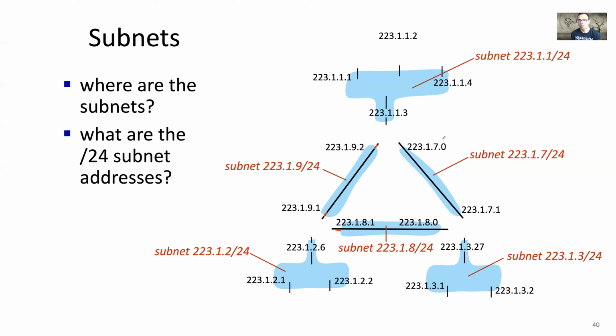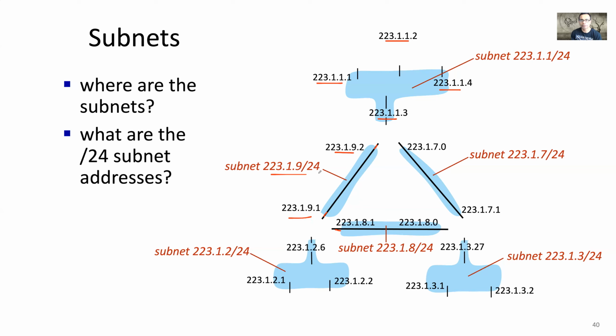And in this example, we are assuming that the first 24 bits of the addresses are the same for all interfaces that belong to each subnet. For example, if you look here, the first 24 bits, 223.1.1, are the same, right? Similarly here, 223.1.9 is the same.